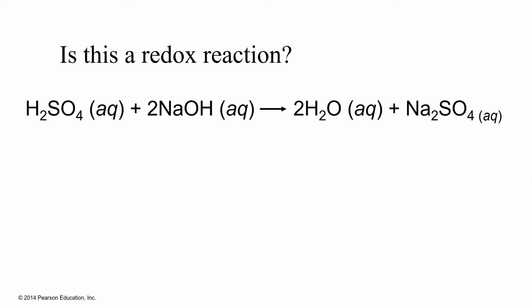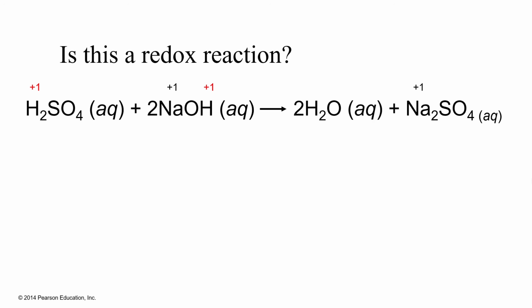Let's start with perhaps the more obvious one, which is sodium. You can see that sodium is in a +1 oxidation state here on the reactants, and it remains as an ion. It has not changed into the uncombined form, so it's still +1 on the product side. Let's consider hydrogen. On the left, it's in two places, in H2SO4 and NaOH.